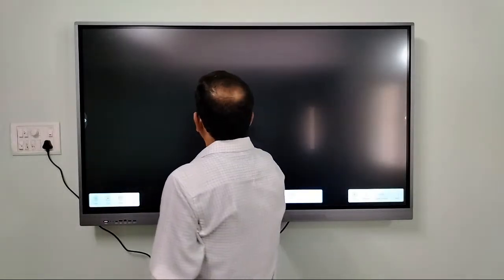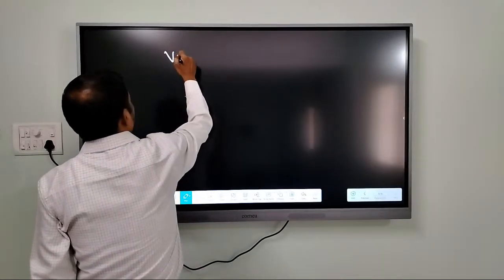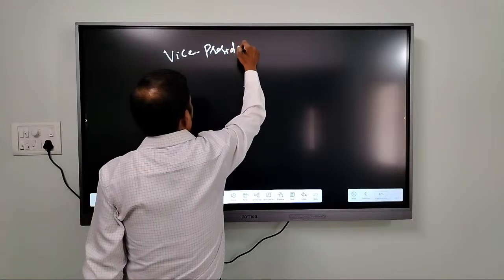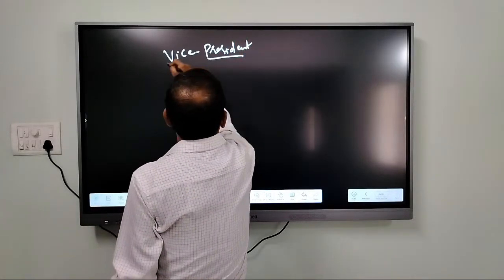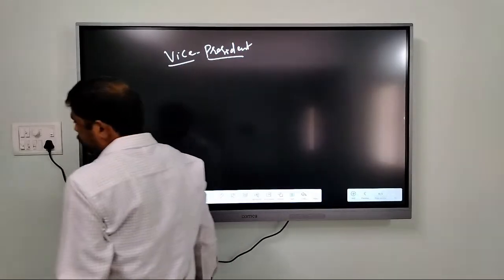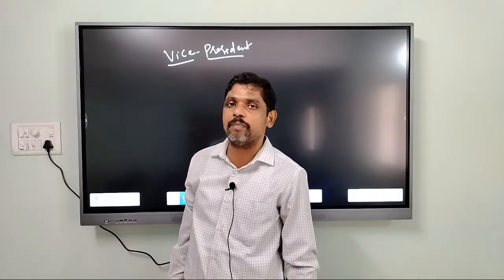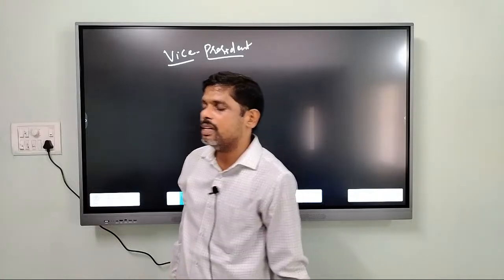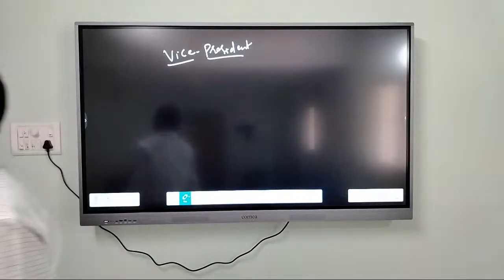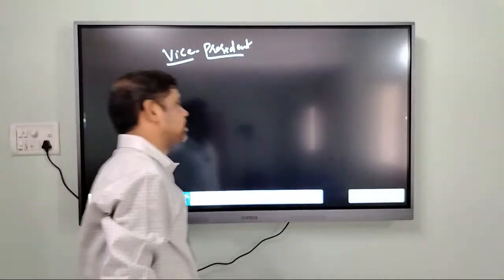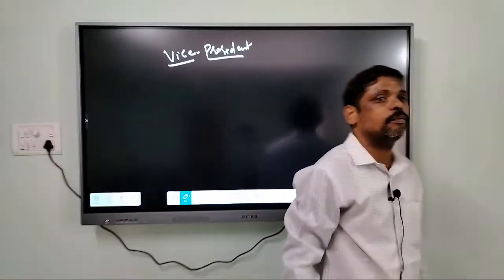Let me talk about the Vice President of India. Next after the President in the table of precedence, it is the Vice President. So I'll talk about the election of the Vice President, the removal of the Vice President, and the powers and functions of the Vice President.